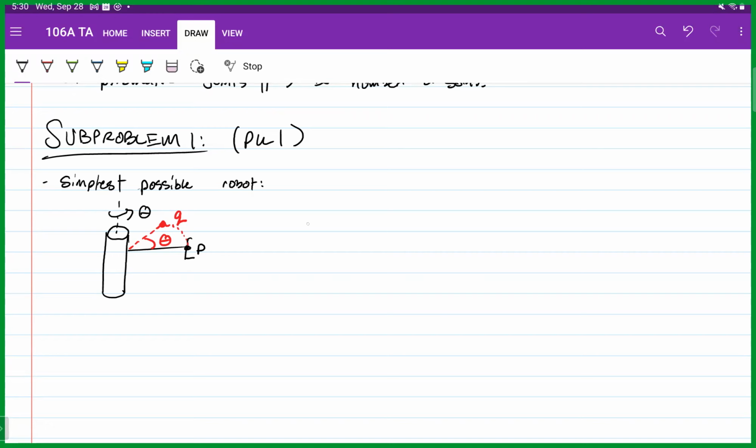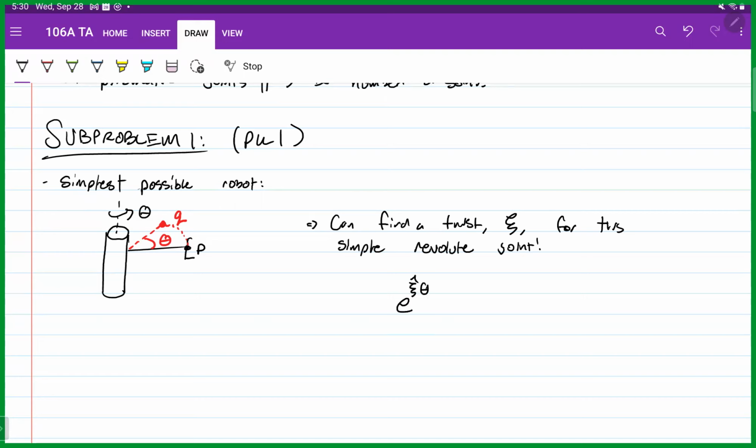We know that we can find a twist, which I'll call xi, for this simple revolute joint. The motion of this joint is expressed by the matrix exponential: e to the xi hat theta is the transformation of rotating this joint by angle theta. I'm going to apply this to our point P, because that's the point we're interested in moving.